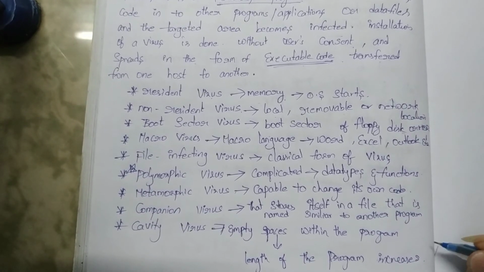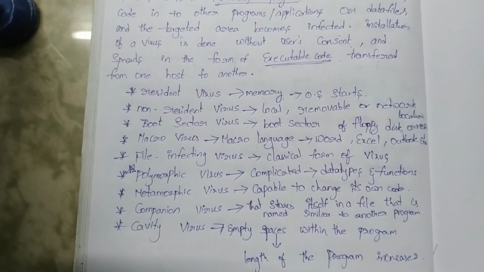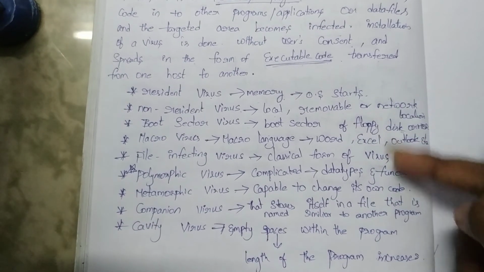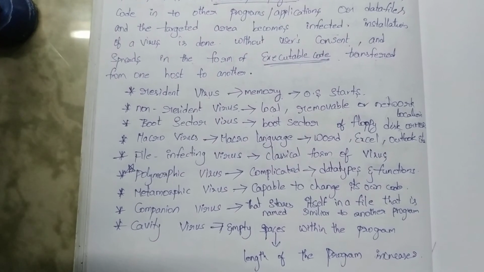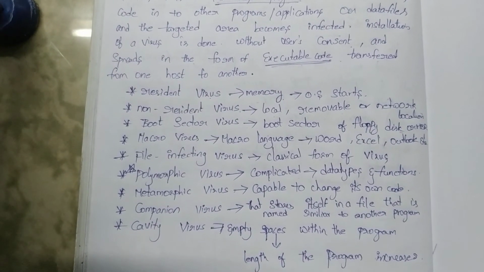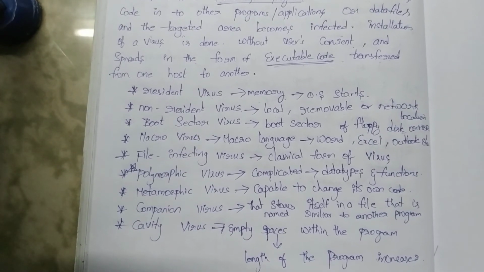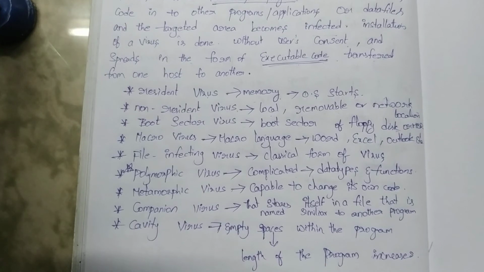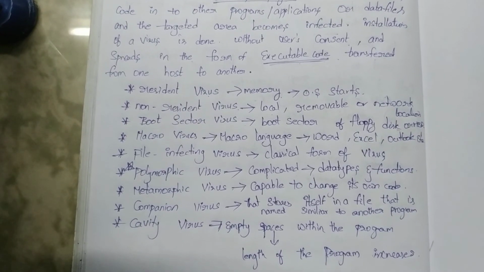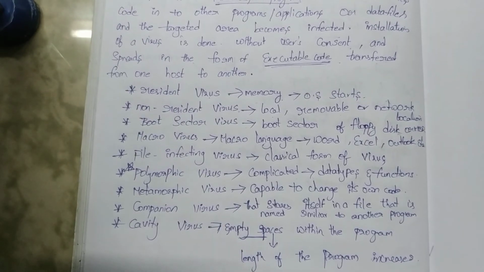Next, cavity virus. It is a type of virus, and unlike the above viruses, the cavity virus does not attach itself to the end of the infected file. Instead, it uses empty spaces within the program itself.